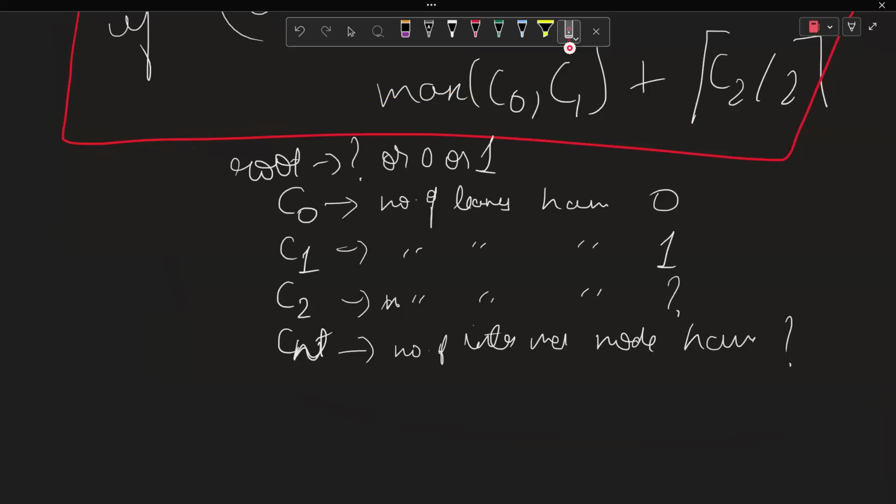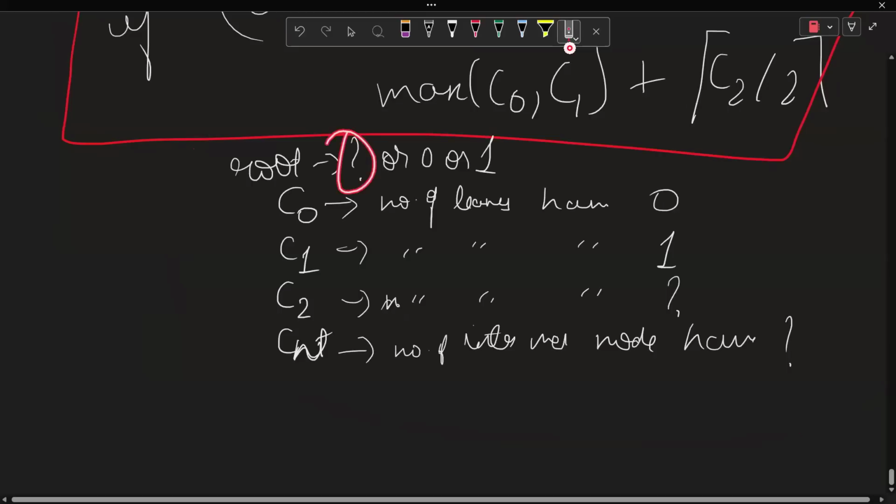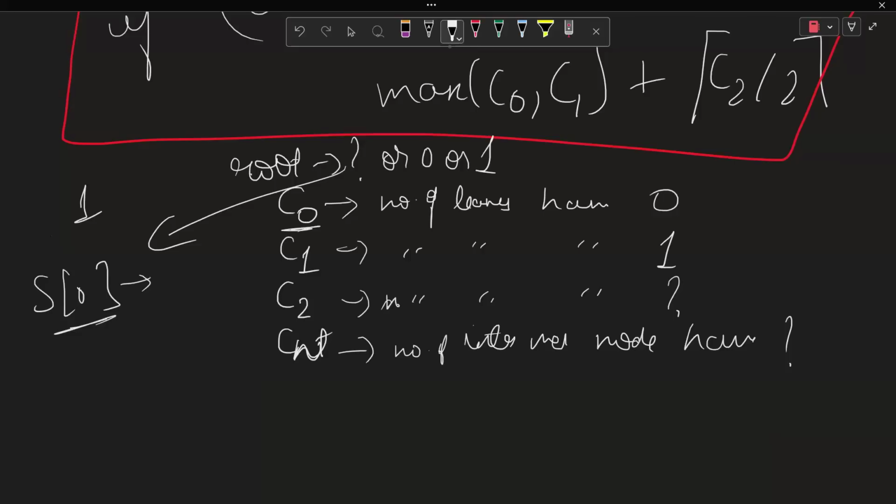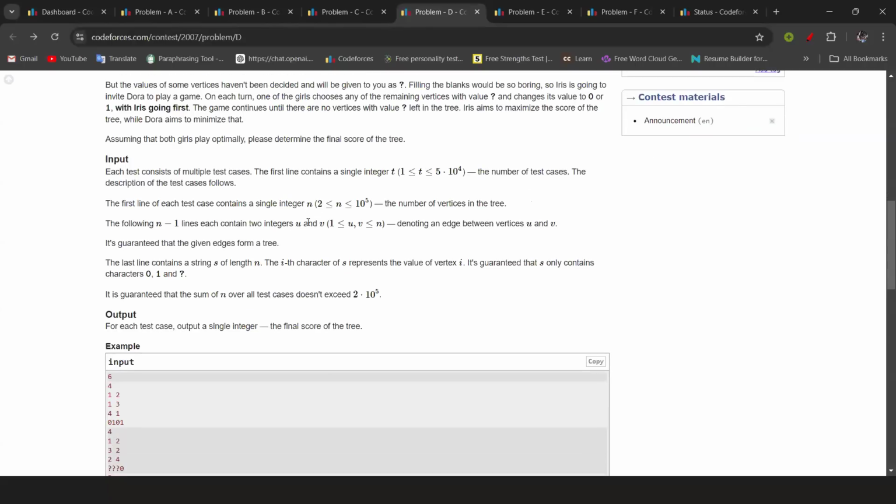First, what would be the value of the root node? Root is always 1. So S0, if I'm taking 0-based indexing of my initial input string, S0 would represent my root node. So that I can obviously get directly. Now, what would be C0? We would have to check what all are the leaf nodes. The input is given in the form of nodes U V, so just form the adjacency list of that tree.